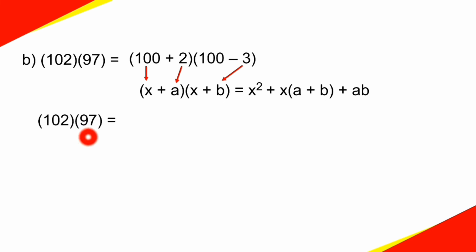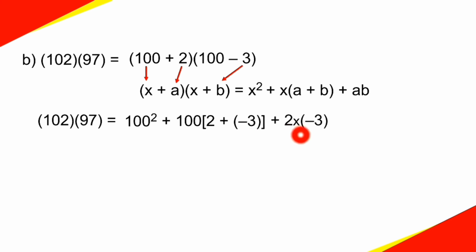102 into 97 is equal to, now substitute the x value in the equation. Then what can we get? Instead of x, what can we write? 100 square plus 100 into 2 plus minus 3. Right, the b value is minus 3, plus 2 into minus 3.